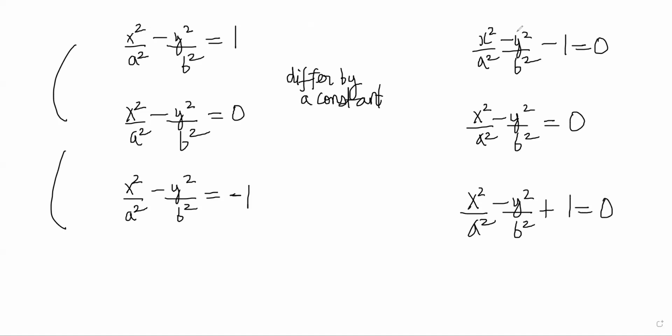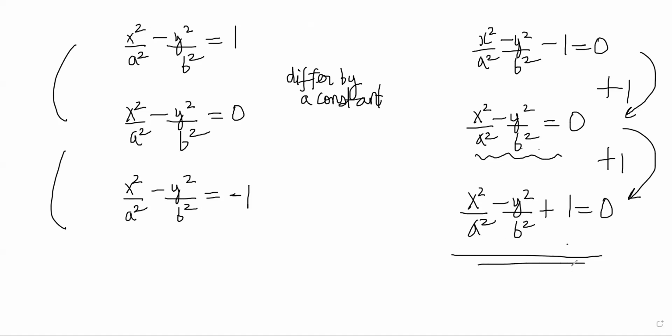So notice that in this equation, I am doing a plus 1 to get from hyperbola to asymptote equation. And the same plus 1, if you do, you get from asymptote to conjugate hyperbola equation, right? So the equations of the asymptotes and the hyperbola differ by a constant, and the equation of the conjugate hyperbola and the asymptote will differ by the same constant, right?